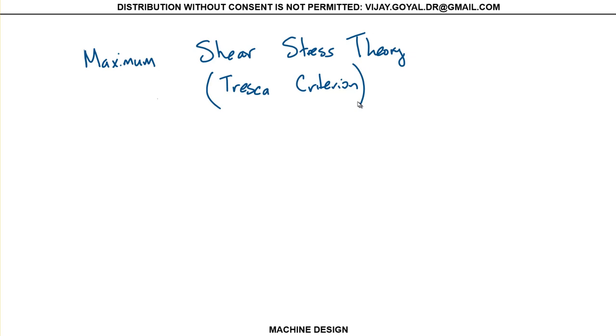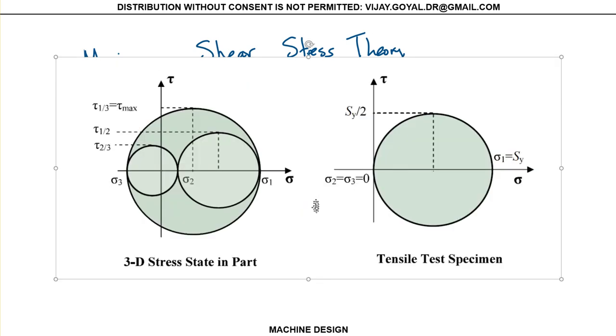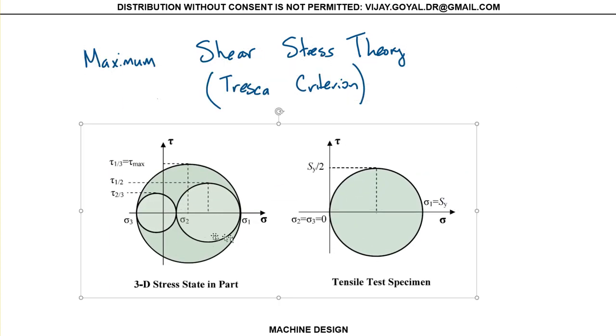The theory consists of the following. We take your Mohr circle, the general three-dimensional one, which looks like this, and we want this to equal a one-dimensional specimen.